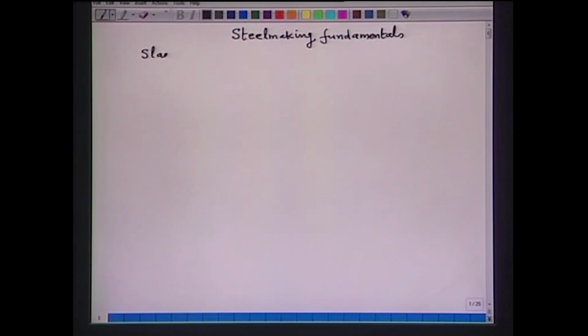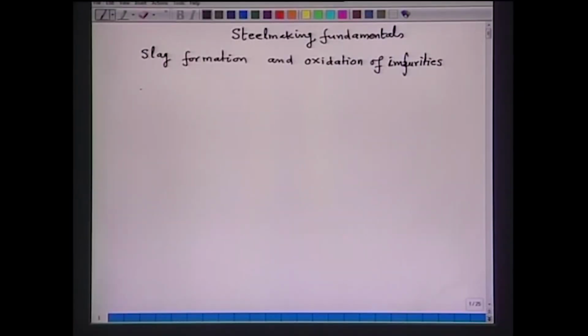So, the fundamental comprises of slag formation and oxidation of impurities. Slag formation, or you can also call it slag making, it is all the same. So, what is a slag in fact?